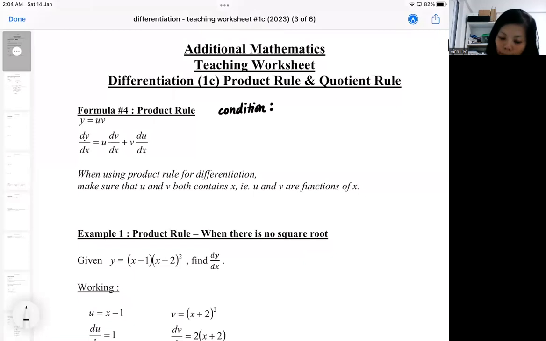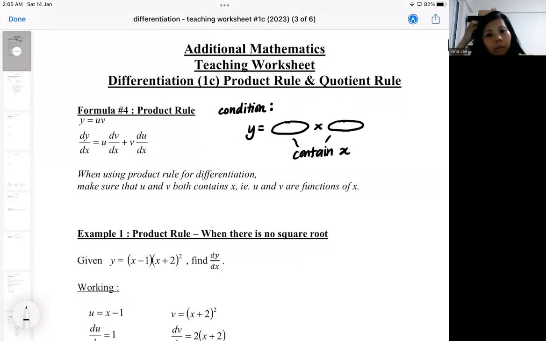So the condition will be the function here, there's a product multiplication, and both products must contain X. So the first item must contain X, the second item must contain X. So what if one of the items doesn't have X?